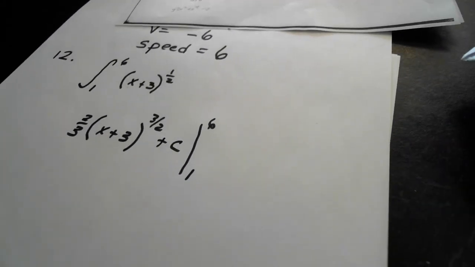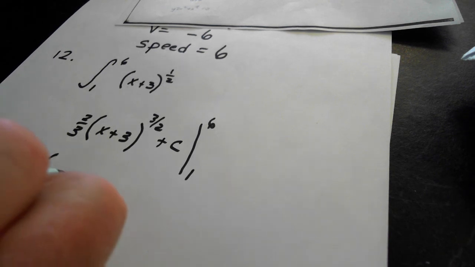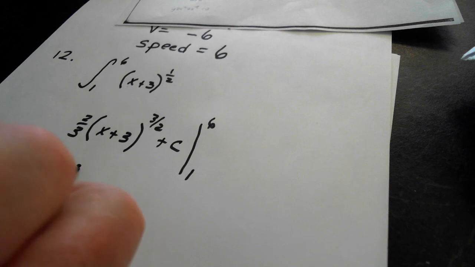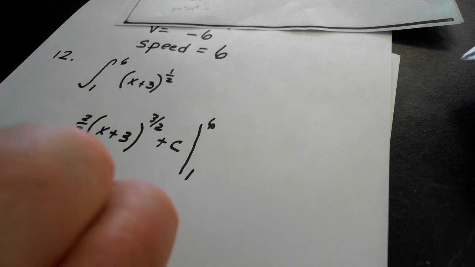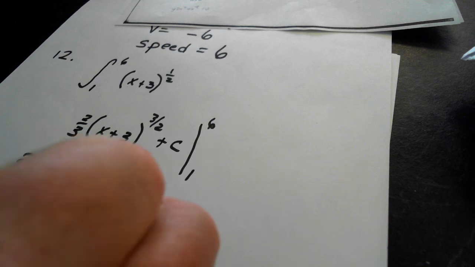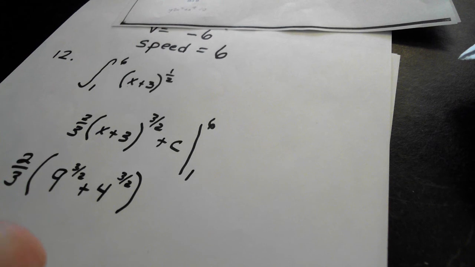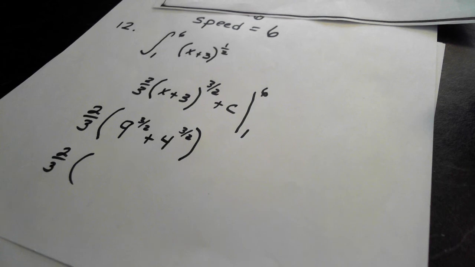All we have to do is sub in a 6. Yeah, you do 6 to the, can you do 9 to the third halves power? Yeah, I suppose that's the tricky part. That isn't even the part I taught you. That's where I got stuck. Oh, it would just be the square root of 9 cubed.